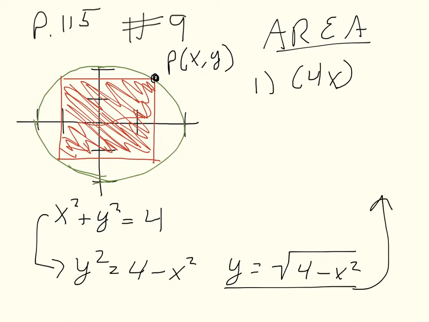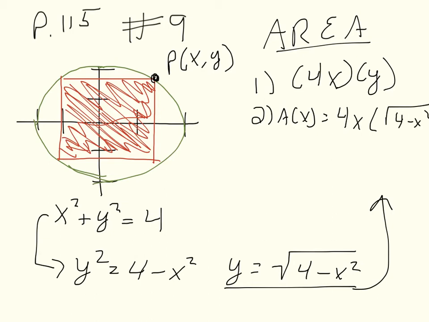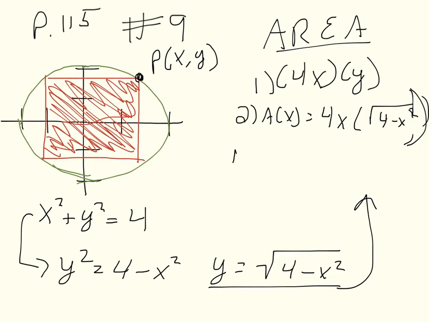So we know it's 4x times y, writing it in terms of x. We get A of x equals 4x times root 4 minus x squared. So, writing that a little neater, A of x equals 4x root 4 minus x squared. So this is your new model.